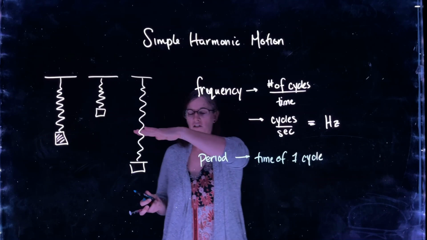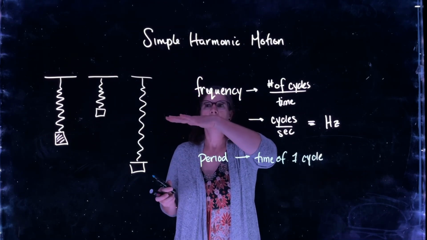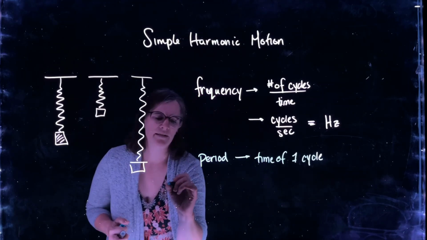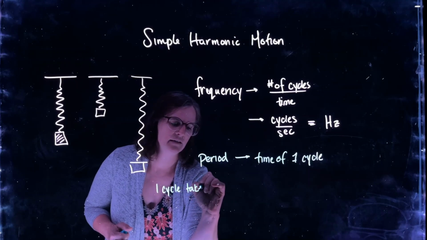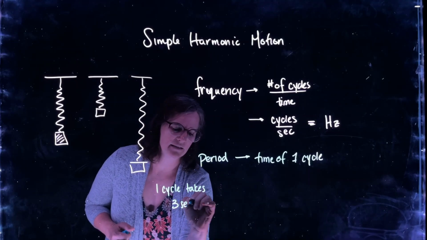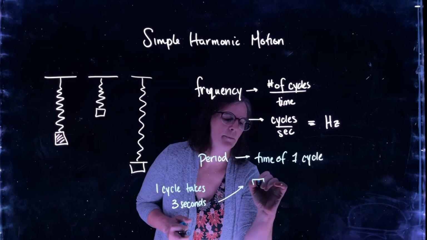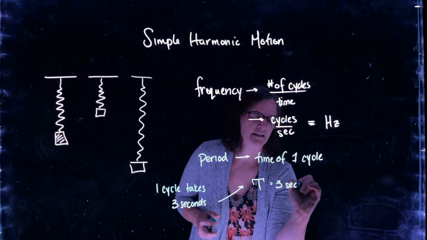So if I watch this bobbing toy and it goes up and then down and then back up, that's one cycle. It takes 3 seconds to do that. So one cycle takes 3 seconds. We would say that period then, and we use this capital tau for the period, is equal to 3 seconds.